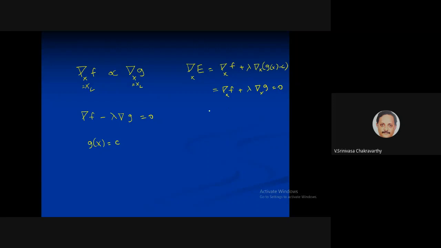This will be equal to 0, or del of f is equal to minus lambda del g.